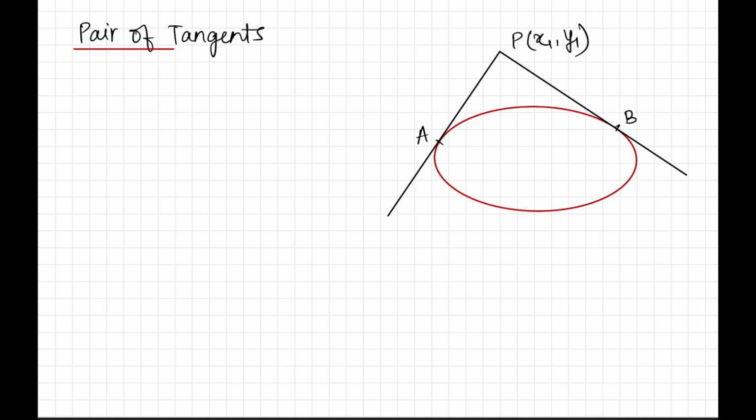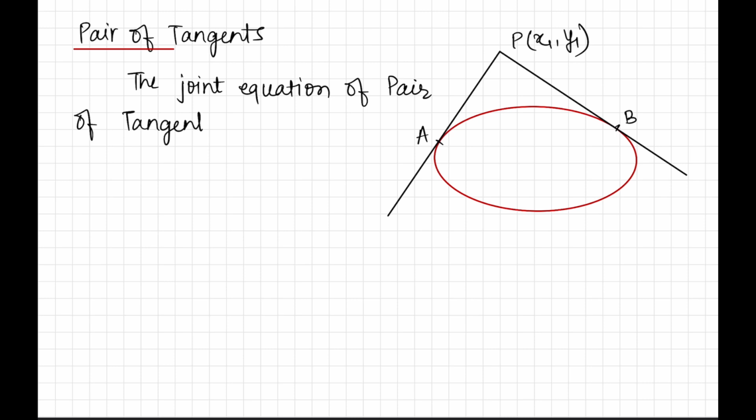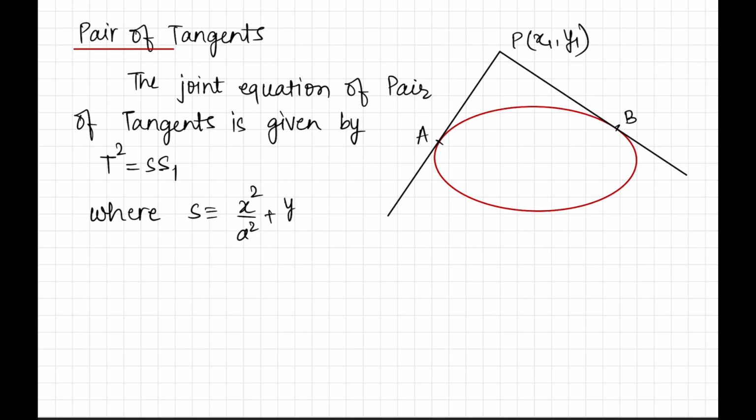Then the joint equation of pair of tangents is given by T square equals S1, where S is given by x square by a square plus y square by b square minus 1.